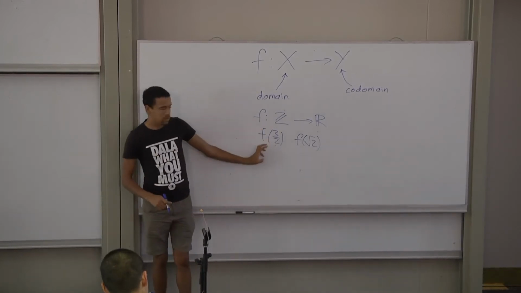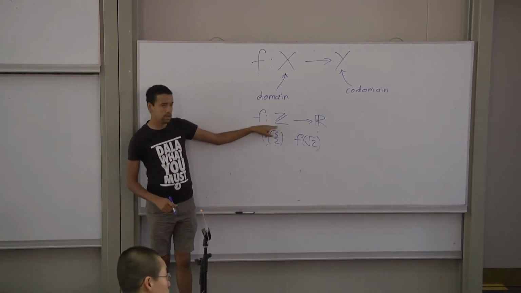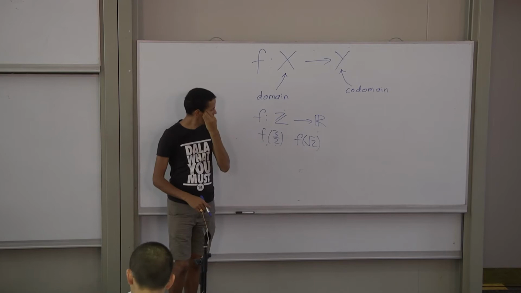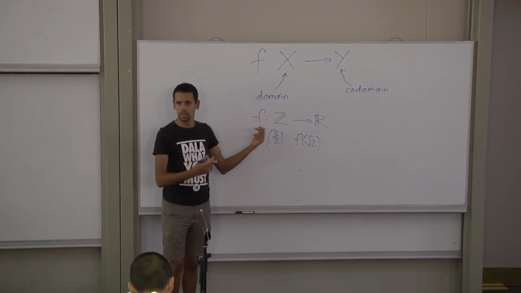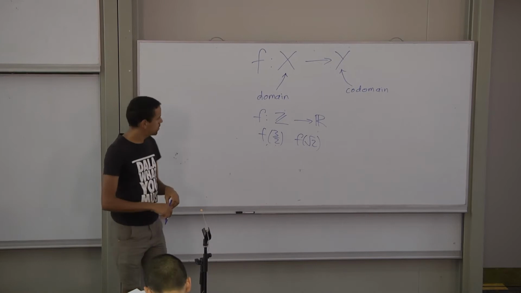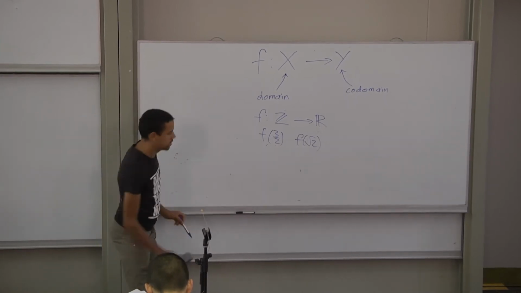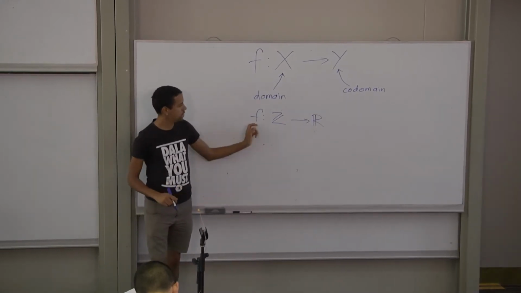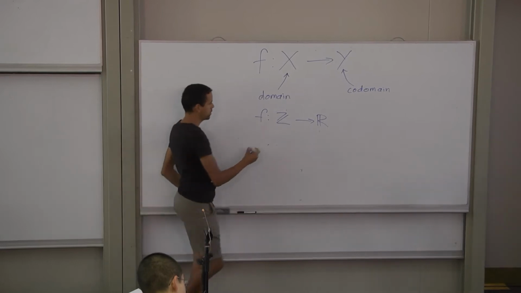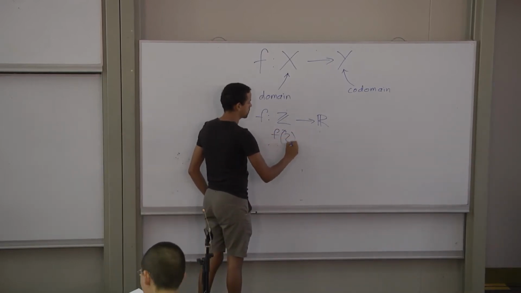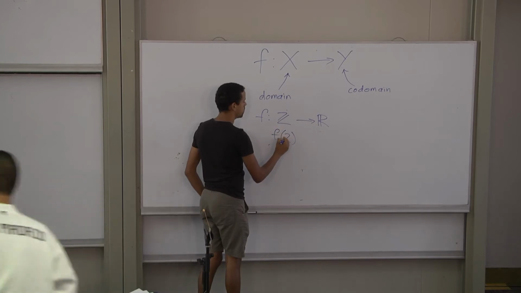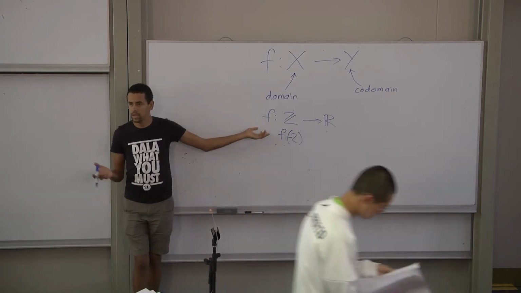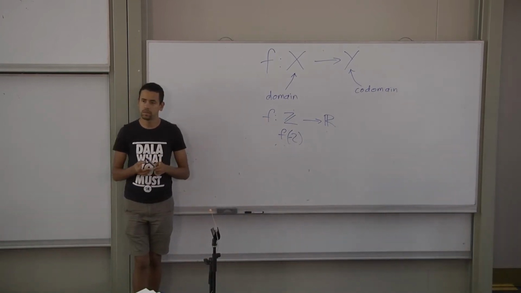So you can only put in values into the function that are in your domain. The codomain tells you, once you put in the value, this is the kind of values you can get out. So here, if f goes from integers to real numbers, f of 2 or negative 2, negative 2 is an integer. f of negative 2 can be any real number, unless we have some other condition afterwards.